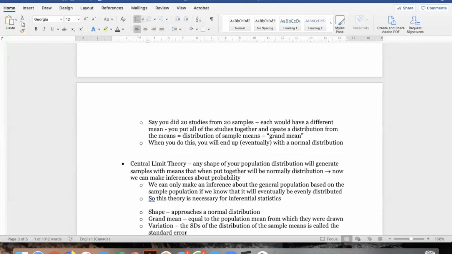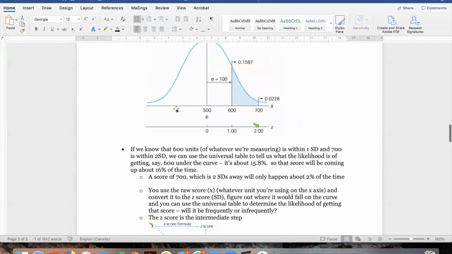So whatever you're studying, if there's been 20, 30, 50, 100 other studies on it, let's say, do vaccines cause autism? There's been 1,000 studies, right? You take all of those studies and you put them together and plot the scores on here.